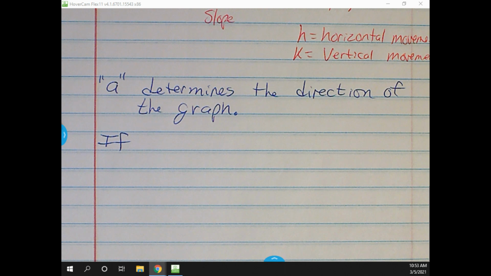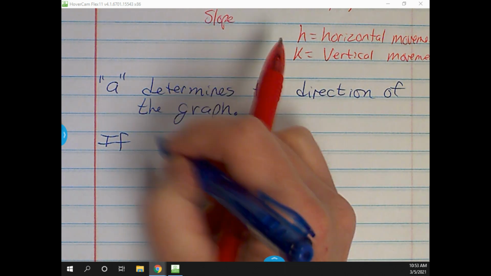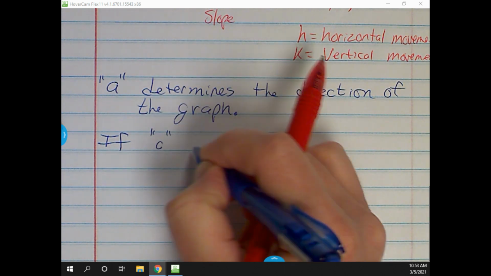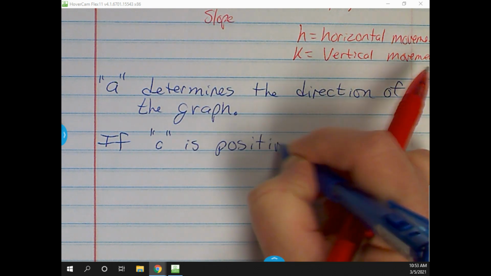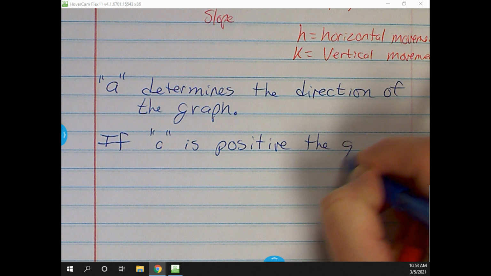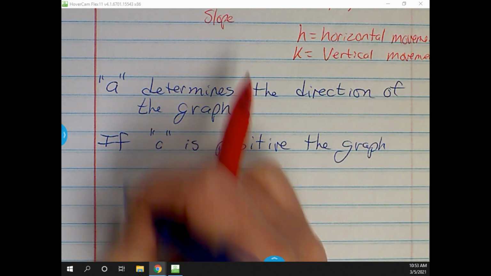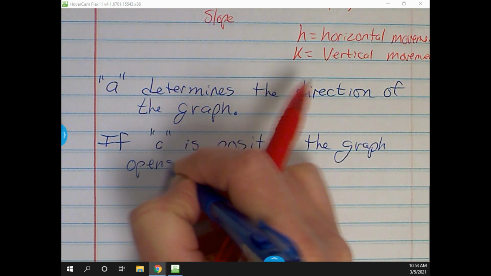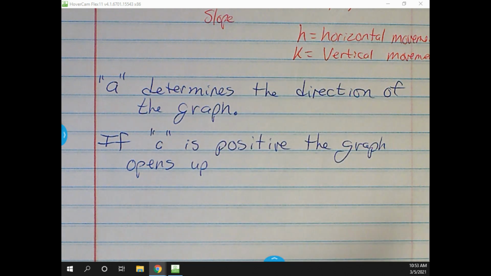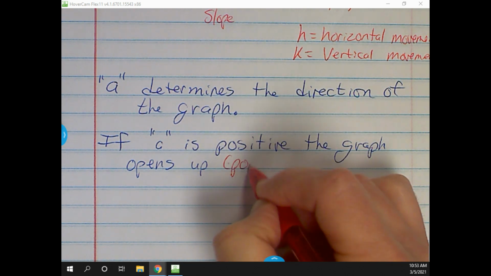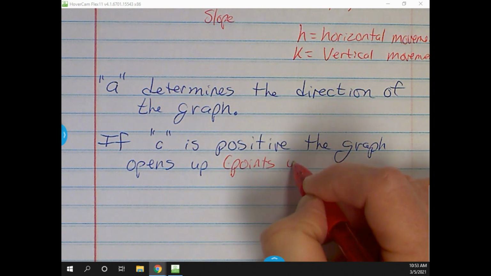It's a little bit different than that. If a is positive, the graph, they say, opens up. Now, this is not the technical term, but most people think about it this way, that the arrows point up.